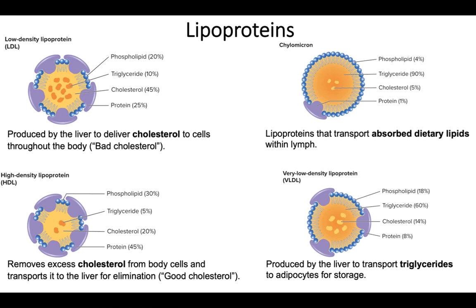Basically, they can separate these by density. The more protein you have, the more dense you are. The more lipid you have, the less dense you are. So anyway, the difference in these two cholesterols is not the cholesterol, it's where it's going. If it's going towards the liver, that's more of a good thing. So we often refer to this cholesterol as good cholesterol, because we're basically removing excess cholesterol.